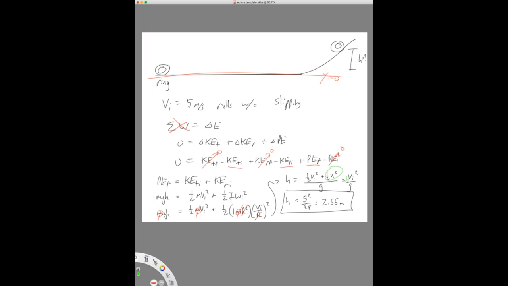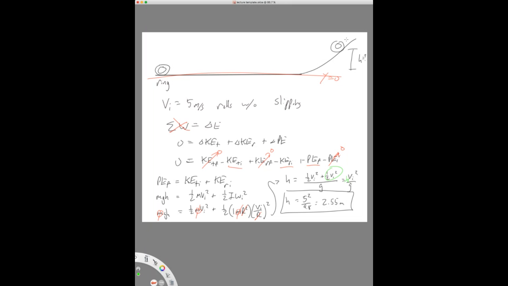So if something rolls down a ramp, it's going to go slower than if it just slid down the ramp with no friction, or even possibly with some friction. It'll be slower. On the other hand, once something is rolling, it has a lot of energy stored in that rolling motion. And so in this case, half of the energy is stored in translational kinetic energy and half of it is stored in the rotational kinetic energy. So it wants to keep going much further.